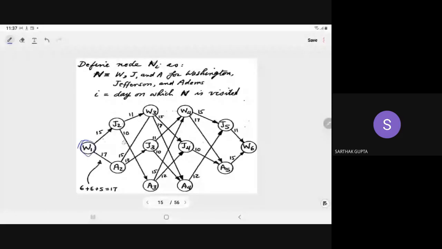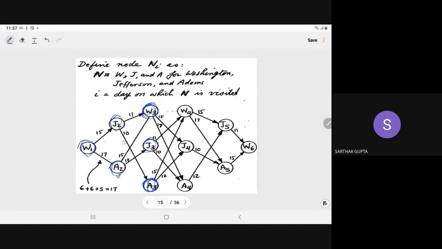On the second day, we have the choice of Jefferson or the Adams. If on the second day you are at the Jefferson, on the third day you can visit either the Washington or the Adams. If on the second day you are at Adams, then on the third day you can visit either the Washington or the Jefferson.